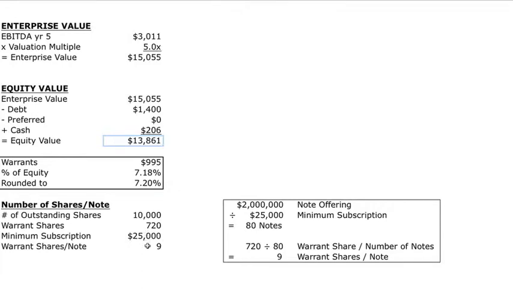That means that the warrant shares per note is 9. The way I come up with that is taking my note offering of $2 million, dividing it by the minimum subscription amount of $25,000, which means that I'll have 80 notes, and dividing the 720 warrant shares by 80 gets me to the 9 warrant shares per note.